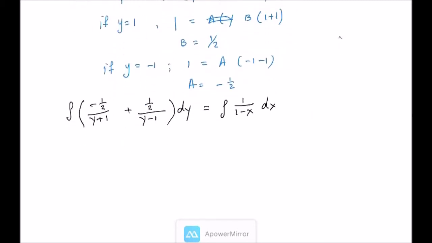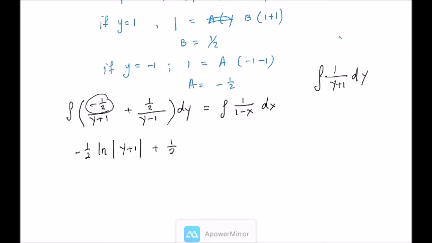Okay, so integrate 1 over y plus 1, you get ln. So this -half, you can take it out as a constant only. So you integrate 1 over y plus 1 dy, you get ln y plus 1.